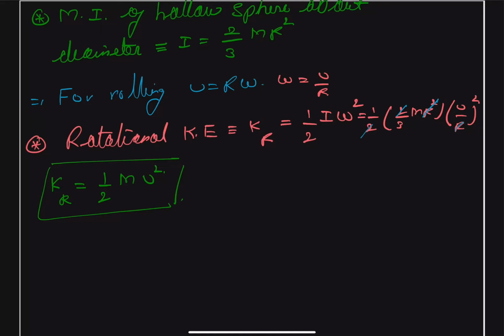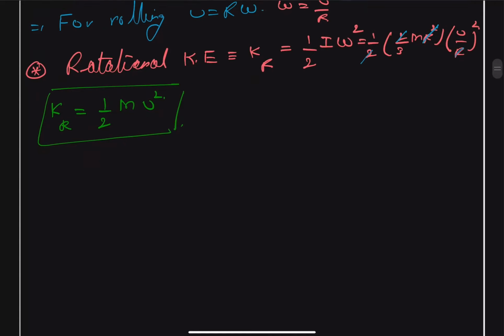And the second energy that will be associated with it is called the translational kinetic energy. Let us call this Kt, and that will be equal to half mv square.